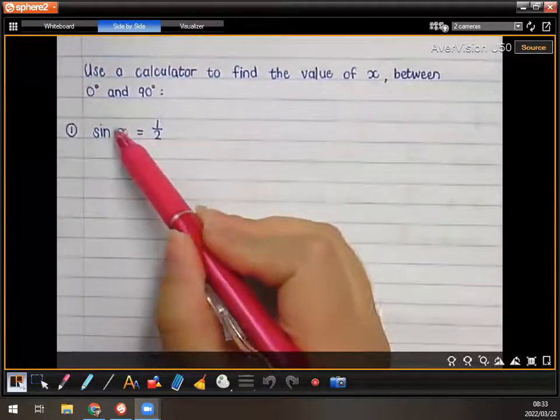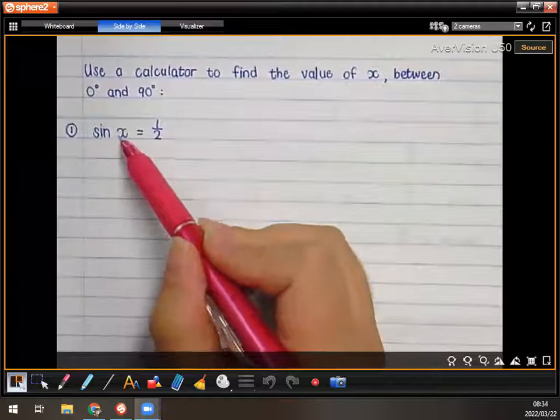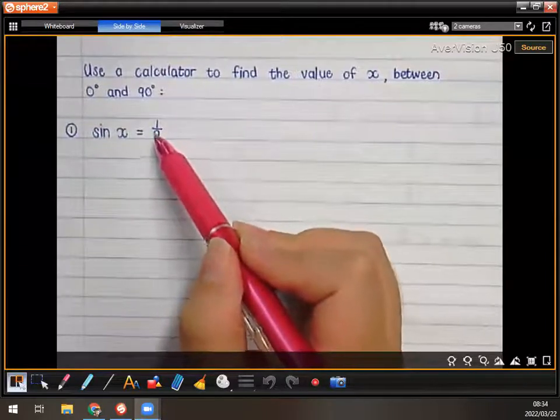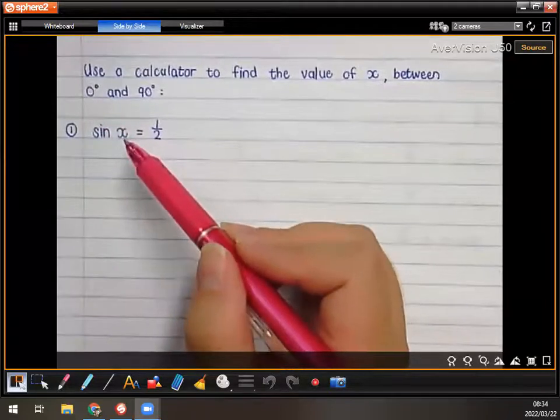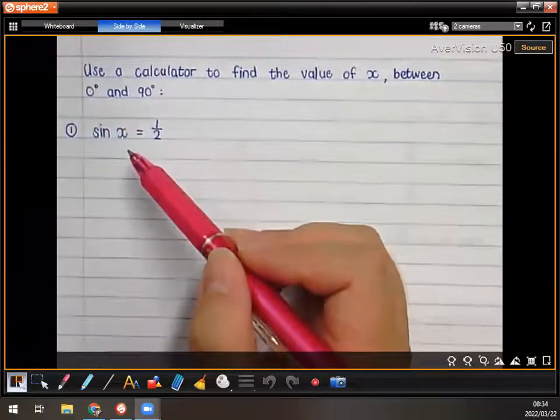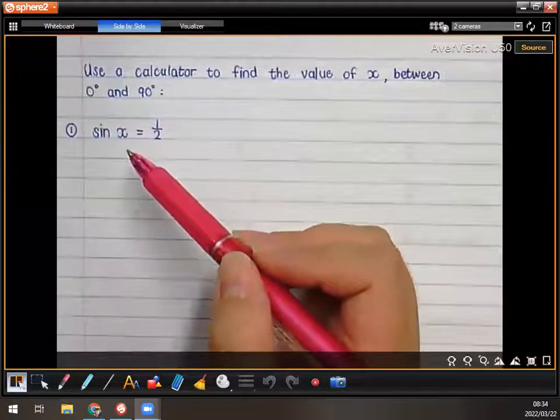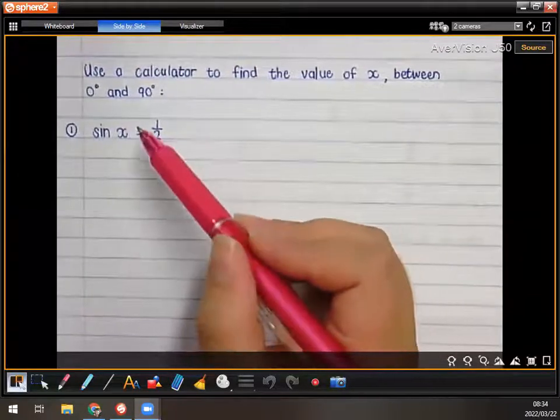We already know what x is going to be here. Sine of what angle is equal to a half? We just spoke about it. Sine of 30. So we know that x is equal to 30. But guys, it's not always going to be such a nice answer. You won't always be able to know it just because we did an example on it just before.